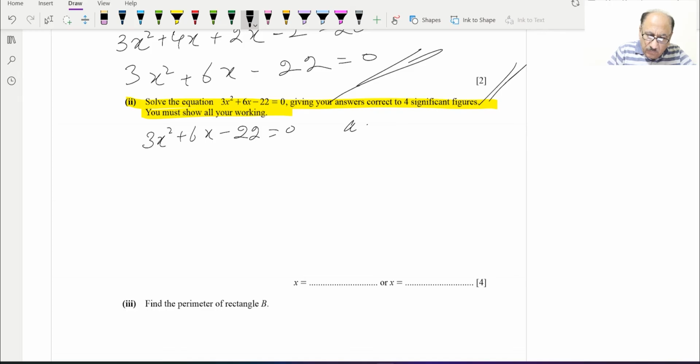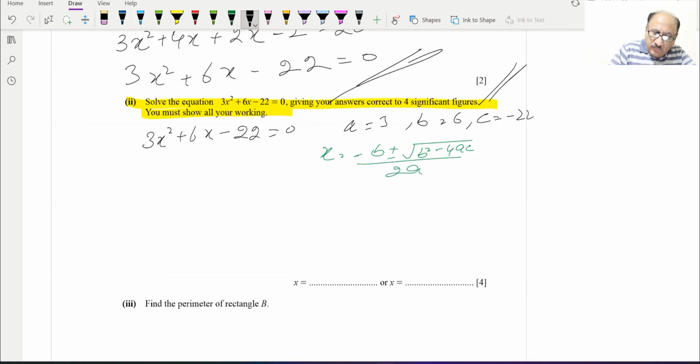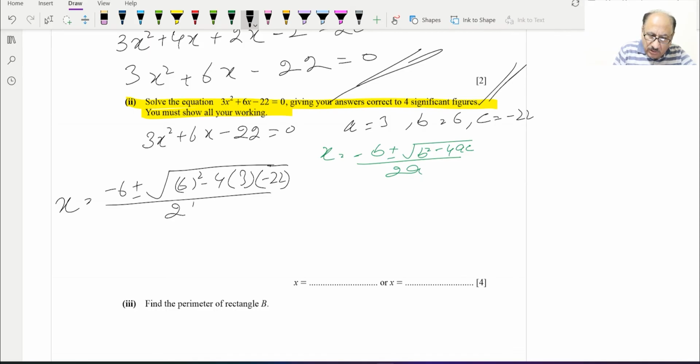We will apply quadratic formula. A is equal to 3, B is equal to 6, and C is equal to minus 22. And the quadratic formula, you know, is x is equal to minus b plus minus square root of b square minus 4ac over 2a. We will be replacing values. So x is equal to minus b, meaning minus 6, plus minus, square root of 6 square minus 4 into a which is 3 and c which is minus 22, divided by 2a, which will be 6.